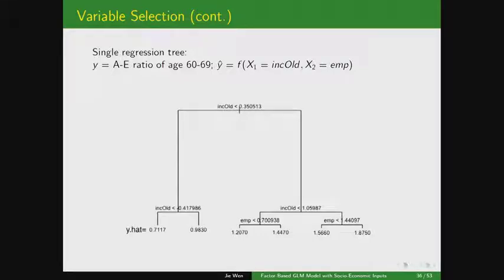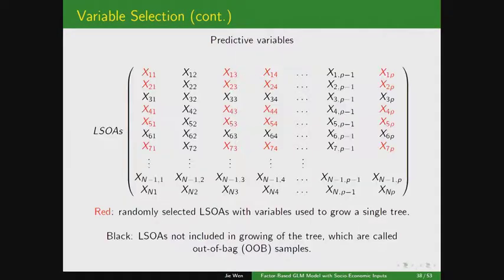There are three splits according to income old score here. Following each split, the residual sum of squares is reduced a little bit. Then we just sum up the reduction in the residual sum of squares over these three points, and we average over all trees, which is the second measure of importance.